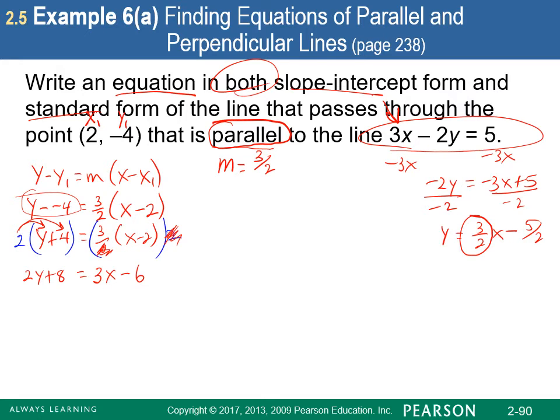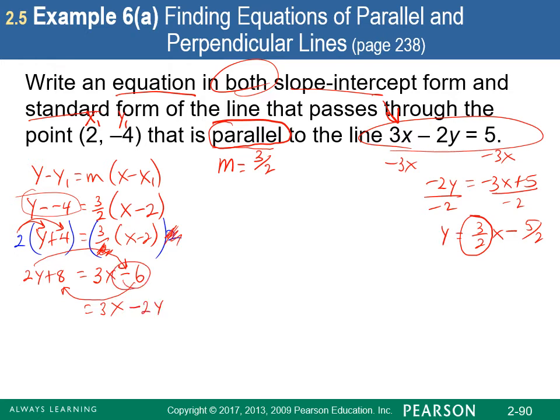So to get it in standard form, we will move the 2y over here, and we'll move the 6 over there. So when we move the 2y from the left to the right, it becomes a minus 2y.